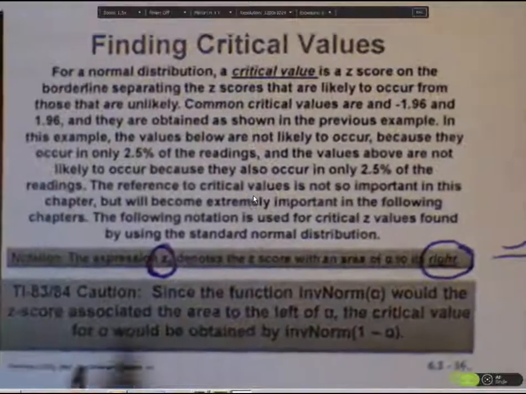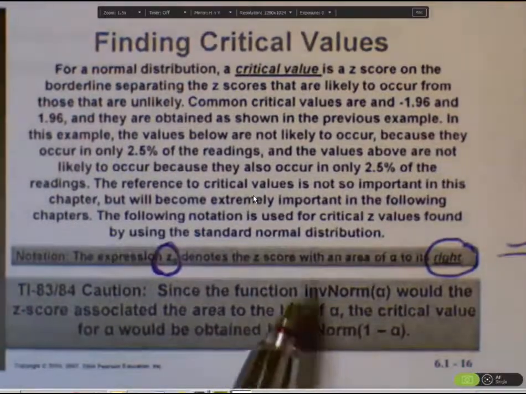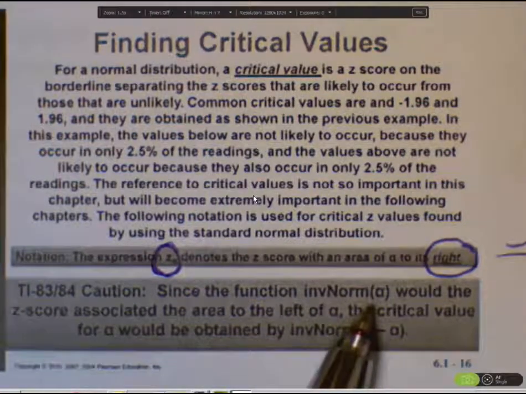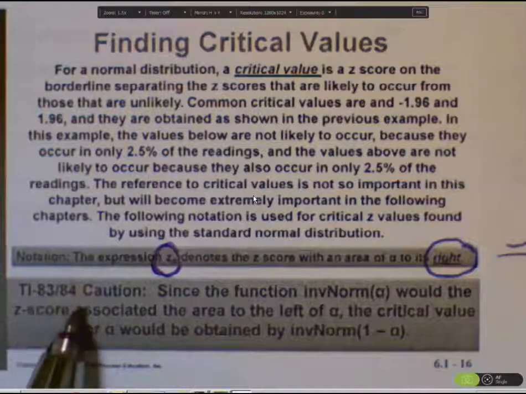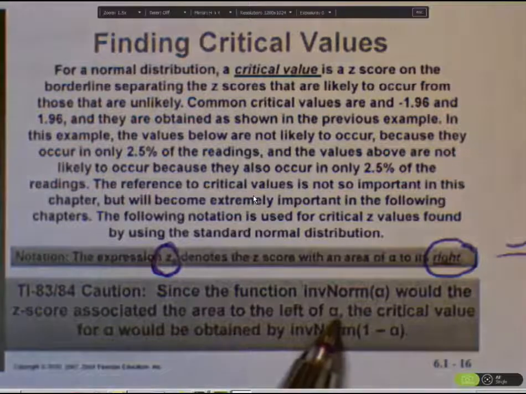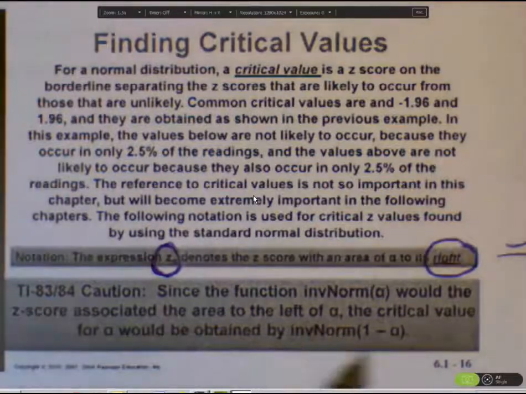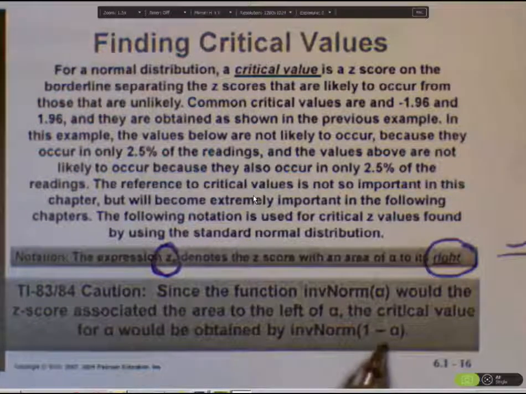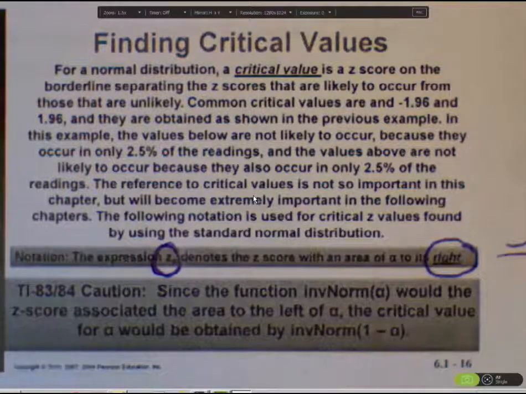Be very careful on the calculator, since inverse norm alpha would give me the z-score that had alpha to its left, and that's not what I want. I want the z-score that has alpha to its right. So I have to find the area to the left before I use inverse norm.